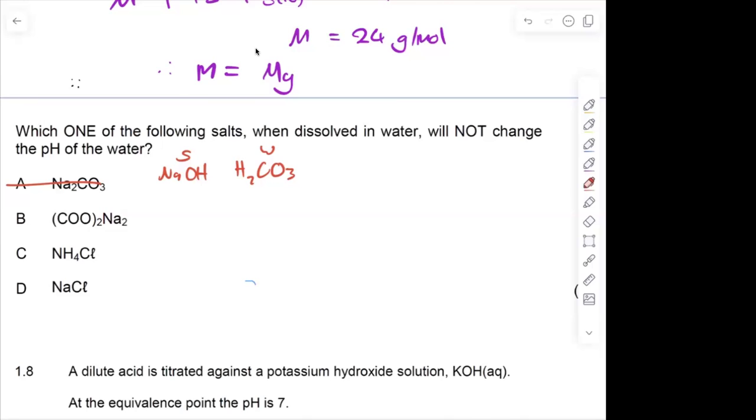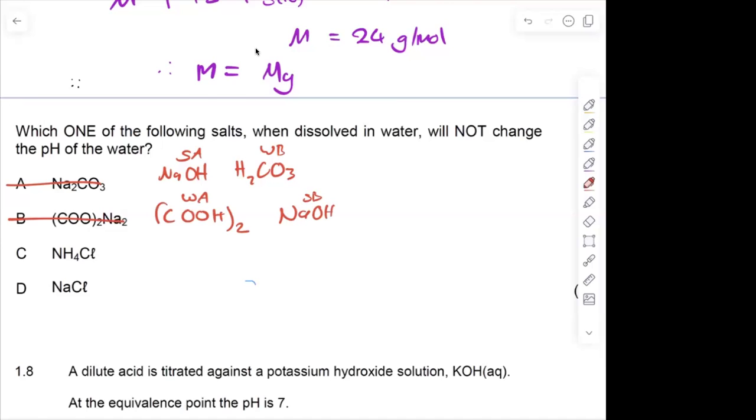So we've got oxalic acid, which is COOH, all 2 like that. That's going to be a weak acid. Our Na comes from NaOH, that's going to be a strong base. So I end up with a basic salt, and the basic salt will change the pH of my water. So that's not going to be the case.